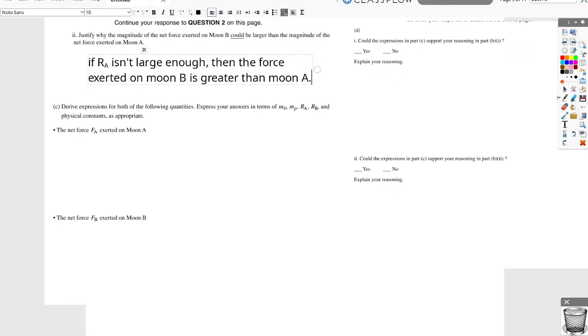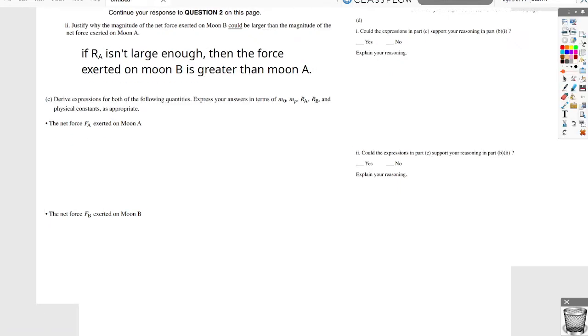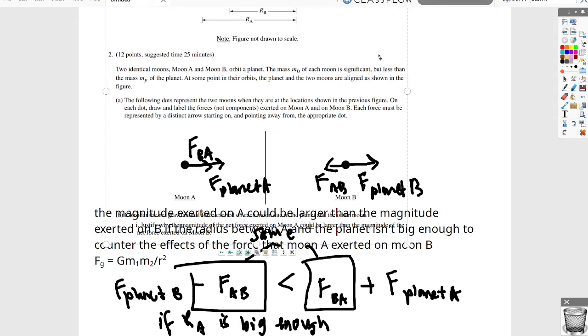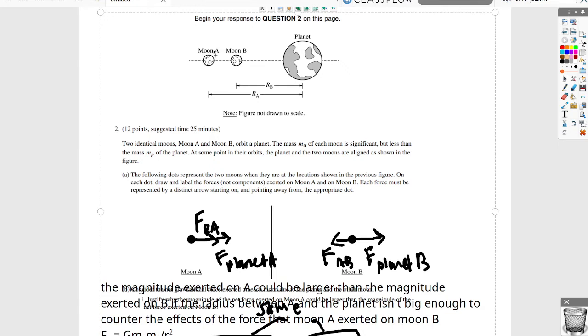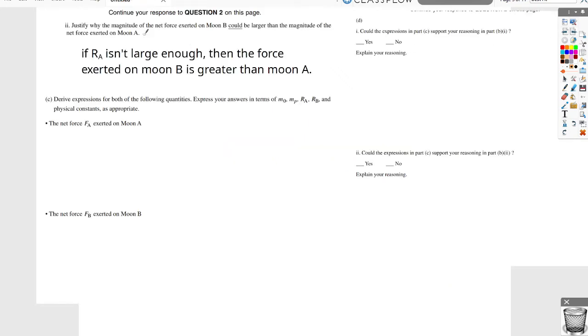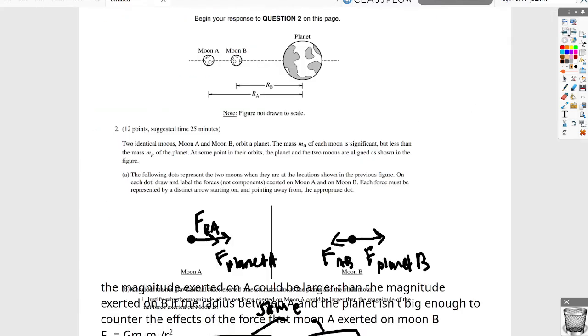Derive expressions for the net force FA exerted on moon A. This is quite easy, actually. Simply, the net force FA exerted on moon A is equal to the force of B on A plus the force of the planet on A. M0 is each moon, and MP is the planet.